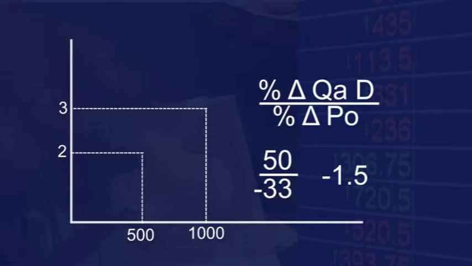Let's suppose that the price of oranges now falls from €3 to €2. Oranges become cheaper, and people buy more oranges and less apples.